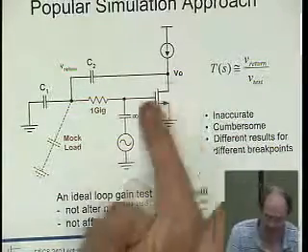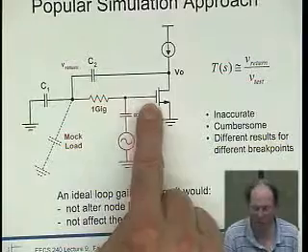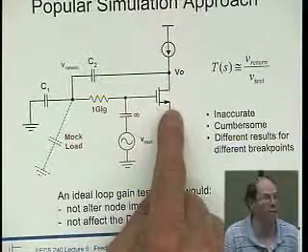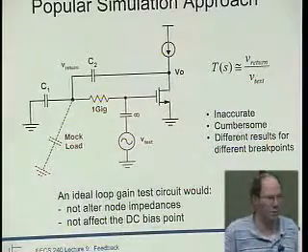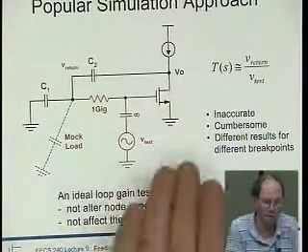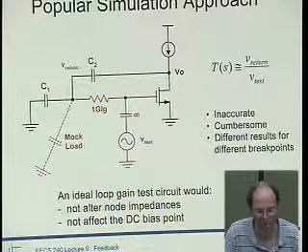Because otherwise, if this voltage here is 50 millivolts lower, the GM of this device is going to be way lower. And whatever stability result comes out of this analysis is just totally irrelevant.